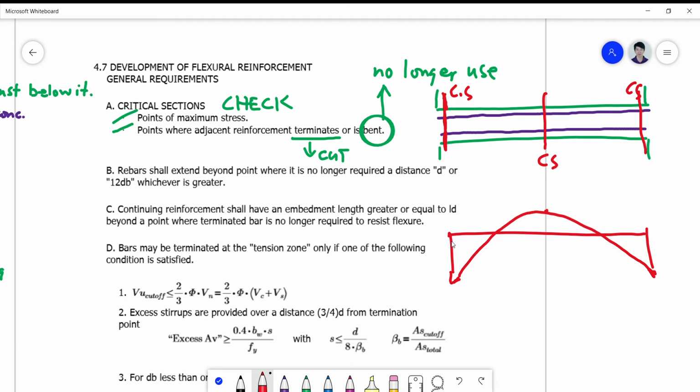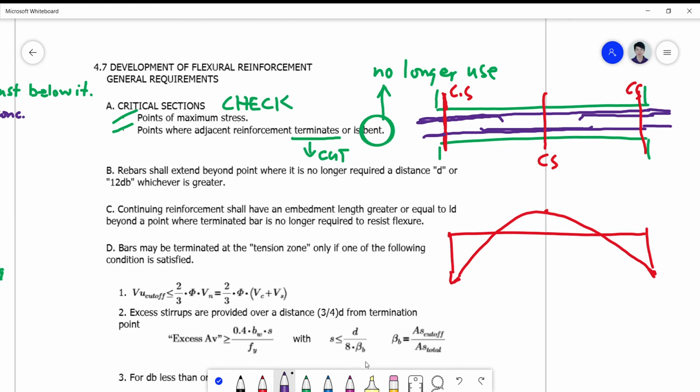Okay, so we have to check it on maximum stresses, and also we have to check it where there is a termination of the bar. Let's say I have a cut bar here. I place a bar that was cut there, and also a bar that was cut here. So supposing this is a continuous bar here, and these are continuous bars. Also, I have a cut bar here.